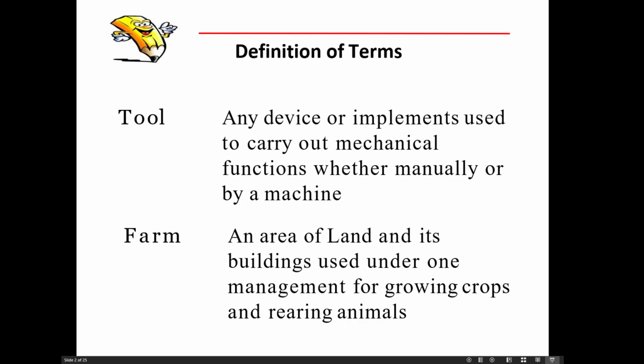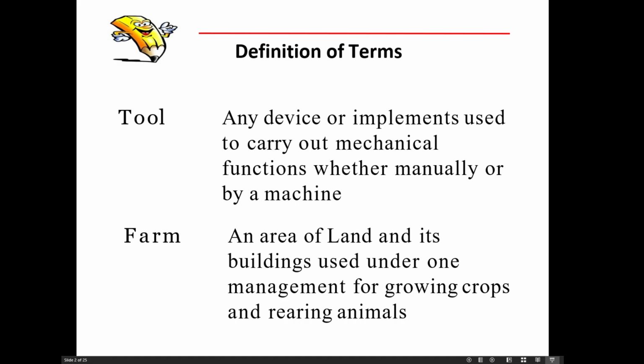That is why it functions whether manually or by machine. So pag sinabi nating tool, it can be in the form of a machine na ginagamitan minsan ng kuryente or yung ginagamitan ng gasoline. And also, we have the so-called farm.